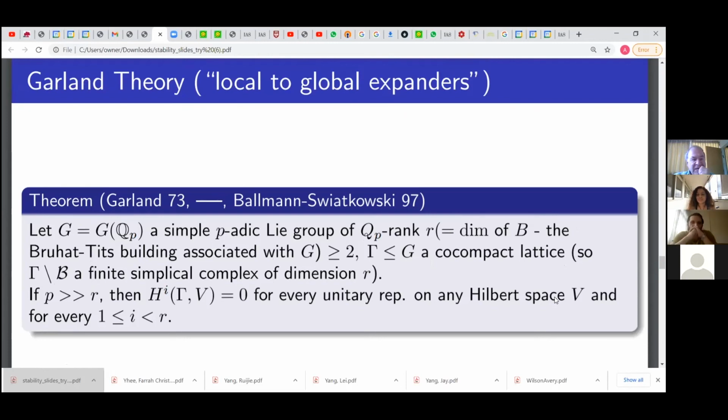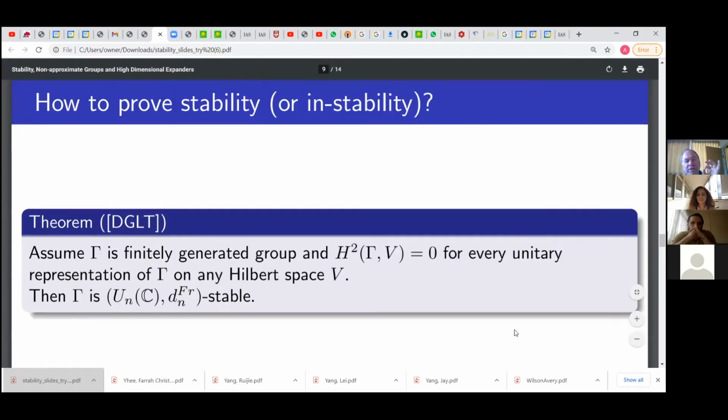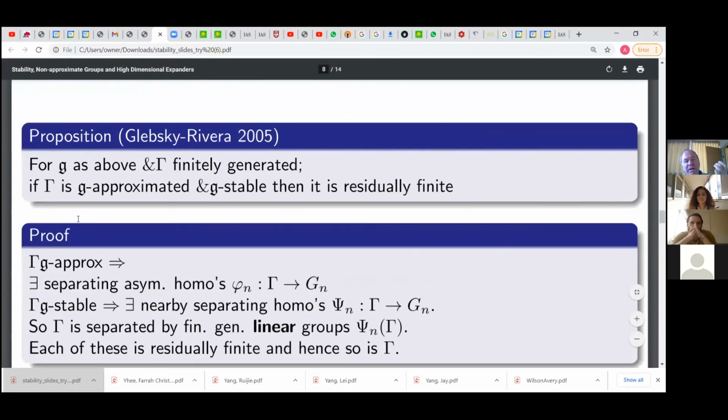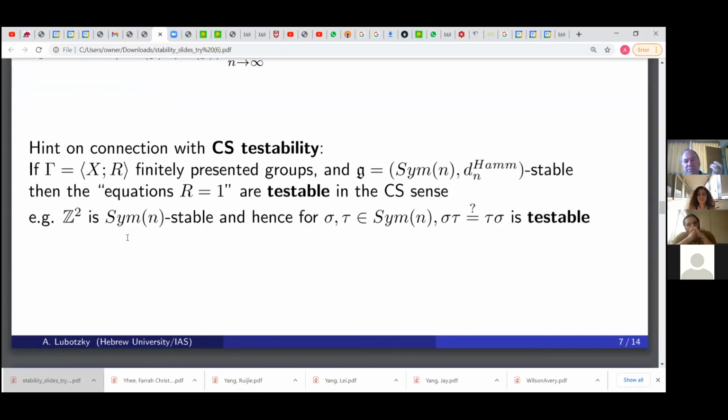Actually, yes. What does stability mean? Go to the example that I hinted about. To say that the group Z cross Z is stable amounts to saying that if you take two permutations which almost commute, then there are nearby two permutations which commute. What does it mean that they almost commute?